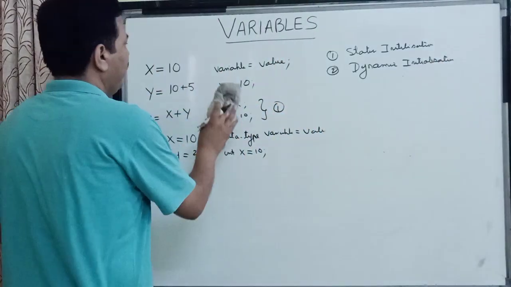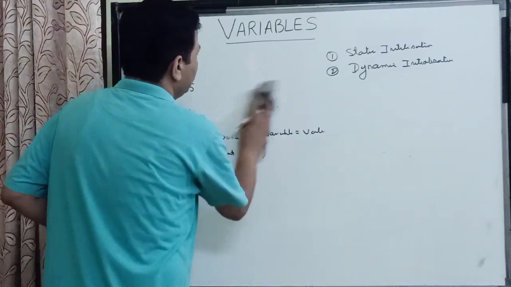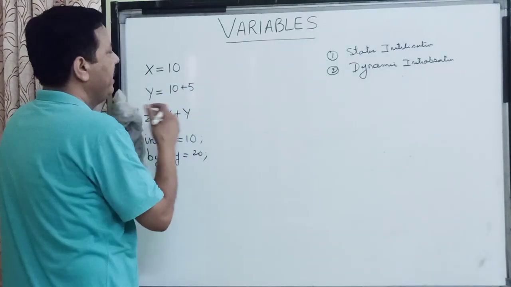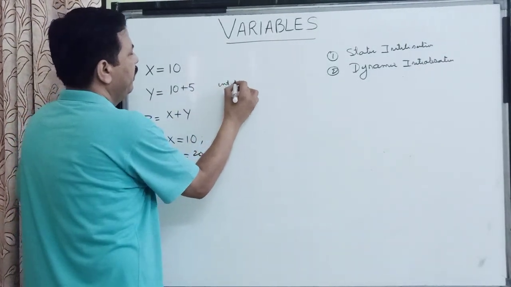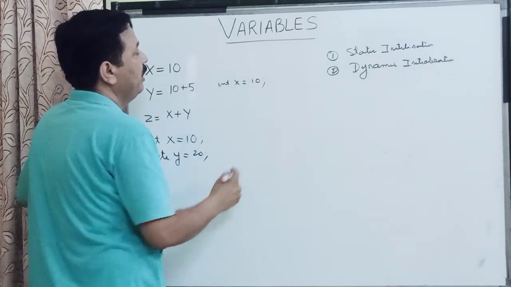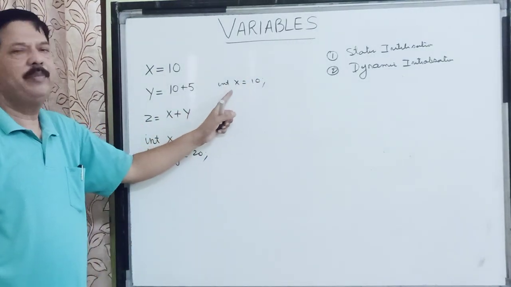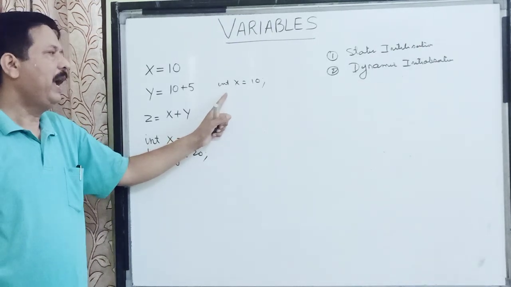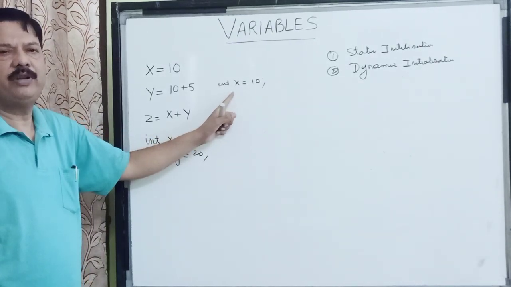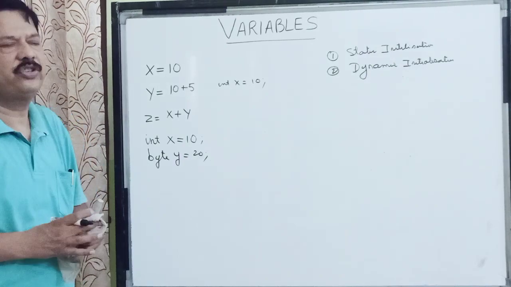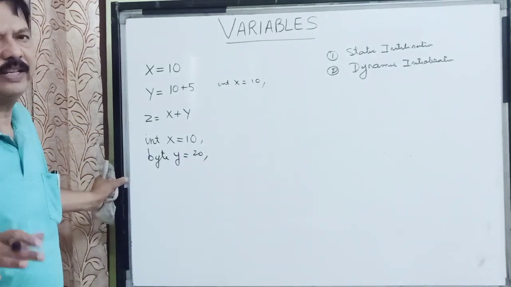Now children, what is static and dynamic initialization? When I declare a variable, this is declaration and initialization in a single line like this. I have declared a variable of type integer and I have initialized it with the value 10. This is static initialization, where initialization is done in a single step.